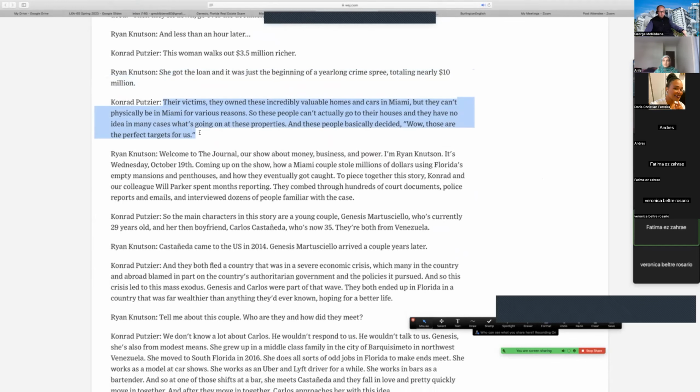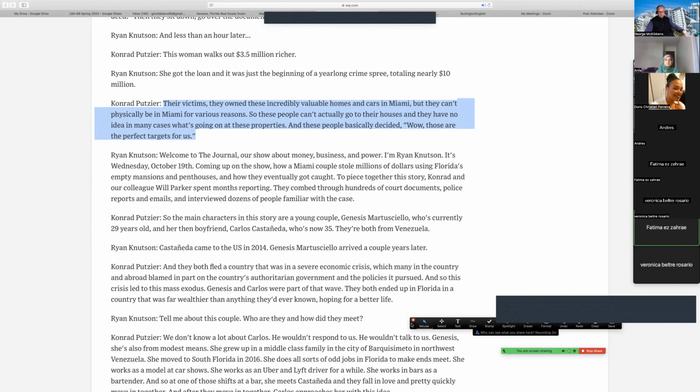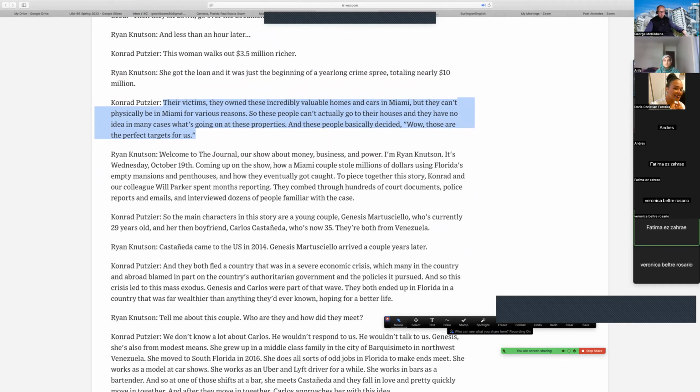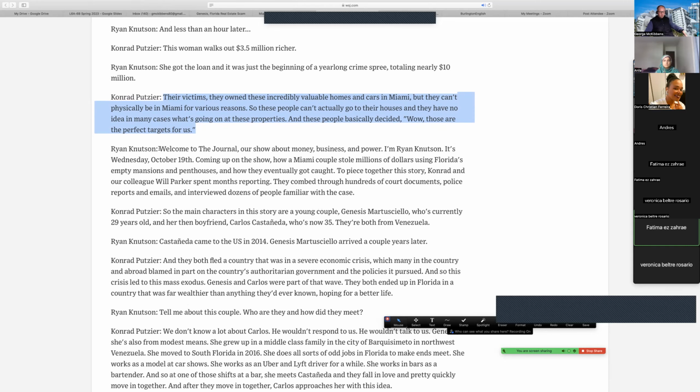Their victims, they own these incredibly valuable homes and cars in Miami, but they can't physically be in Miami for various reasons. So these people can't actually go to their houses, and they have no idea in many cases what's going on at these properties. And these people basically decided, wow, those are the perfect targets for us.